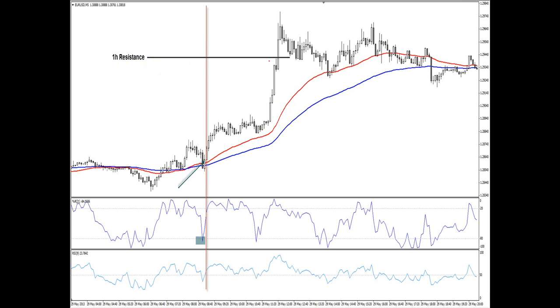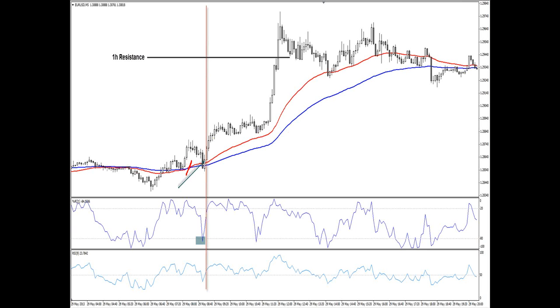So first we want to see if the 40 and 80 here are converging, and then diverging. You see how those lines are going away from each other. They are diverging.